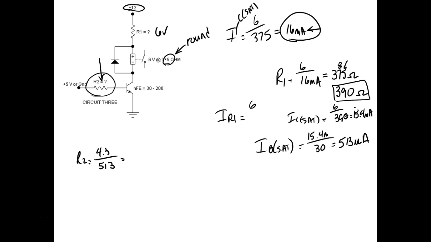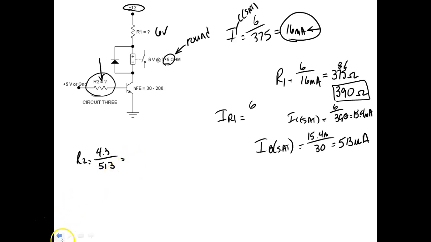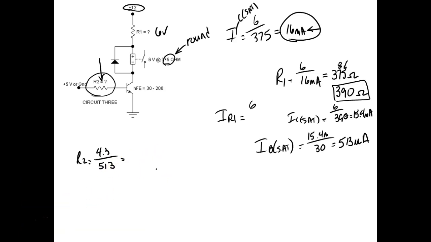What would R2 be? Okay. Oh, what's that? Yeah, our computed value. 4.3 divided by 513 micro.